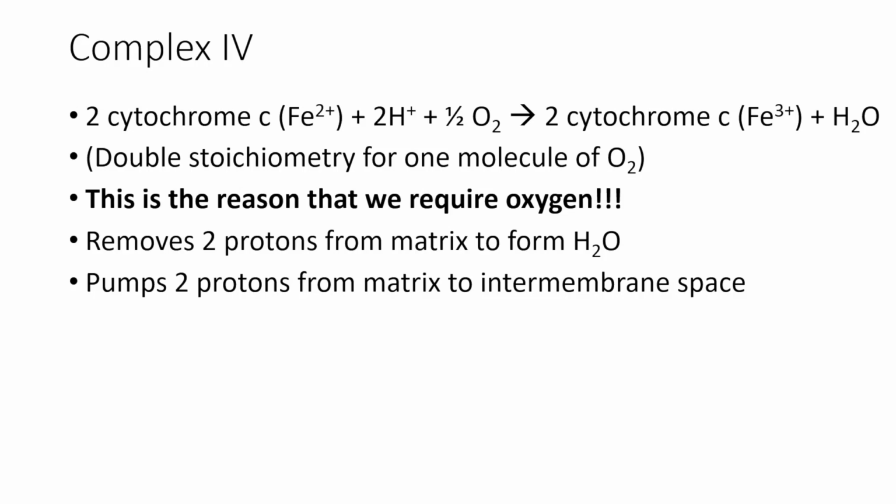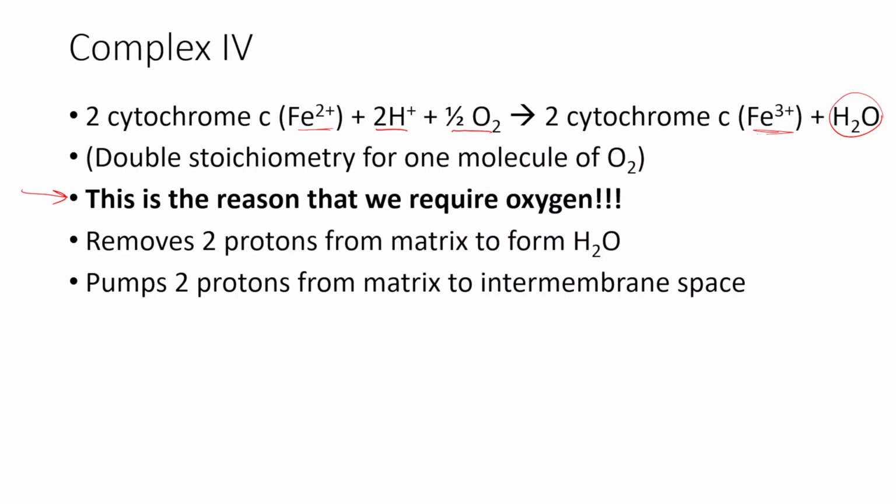which brings us to complex 4. So in complex 4, we have 2 cytochrome Cs that enter in the reduced form, and they are going to get oxidized back into the iron 3 form. And during that process, 2 protons are removed from the matrix and combined with an oxygen molecule to make water. And so, like we said earlier, this complex is the reason that oxygen is required for this oxidative phosphorylation process.